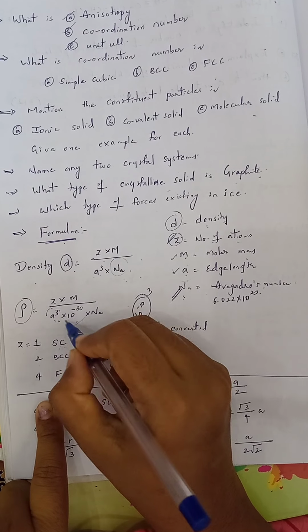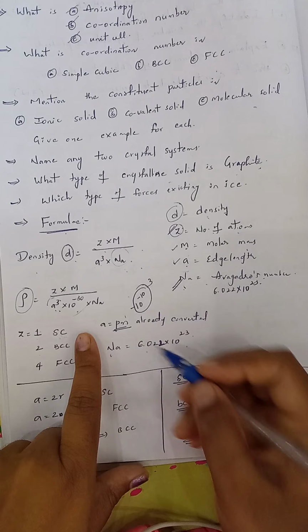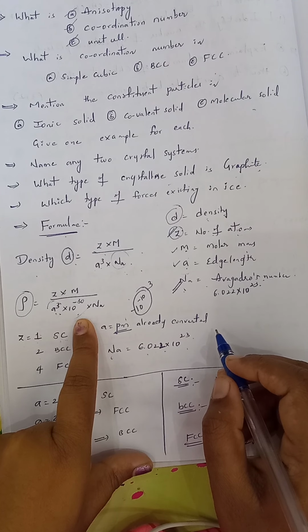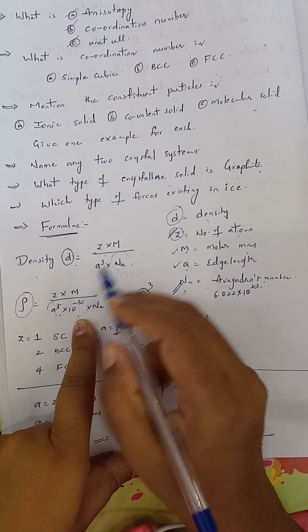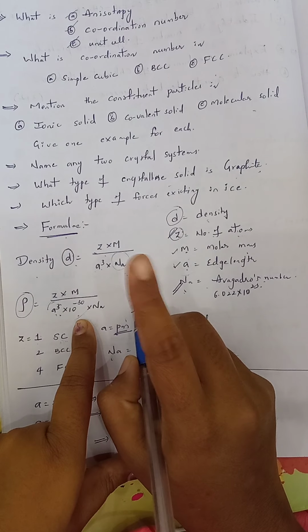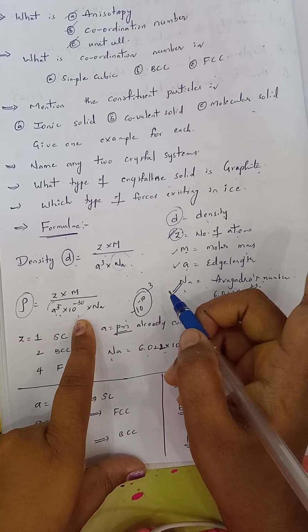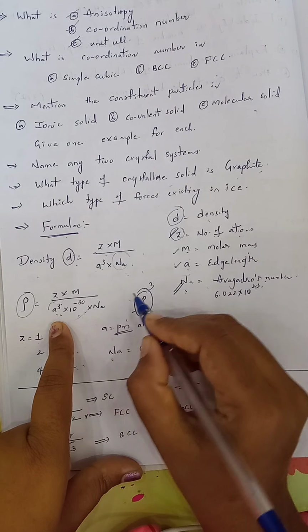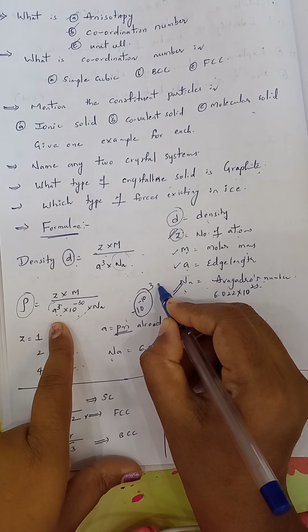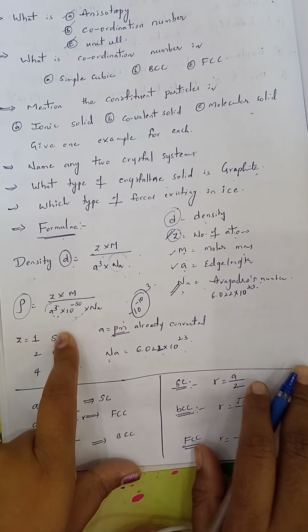That I have written directly here in the form of centimeters. If it is given in picometers, we want to convert it into centimeters. 1 picometer equals to 10 to the power of minus 10 centimeters. Whenever you cube it, because A cube is there, it becomes 10 to the power of minus 10 cube, which equals 10 to the power of minus 30.